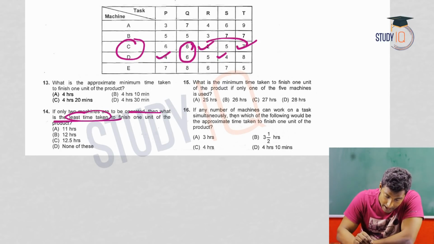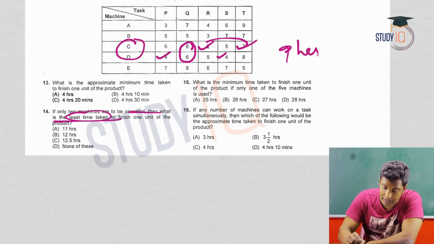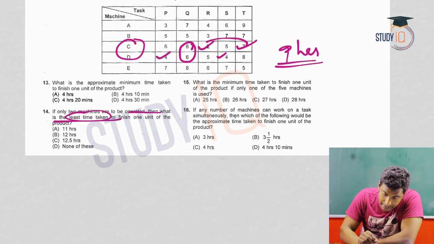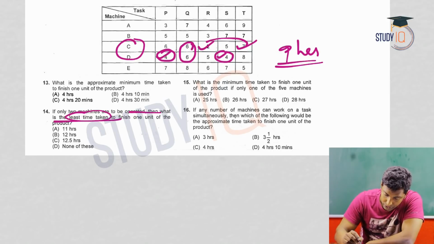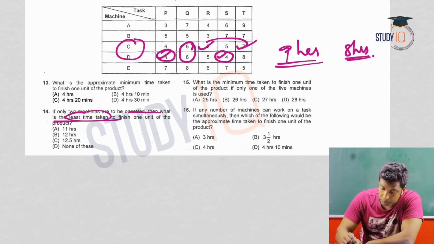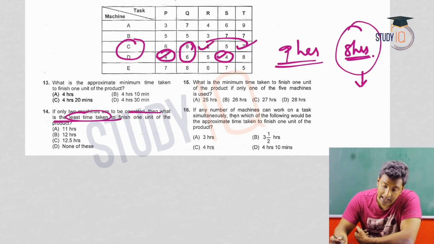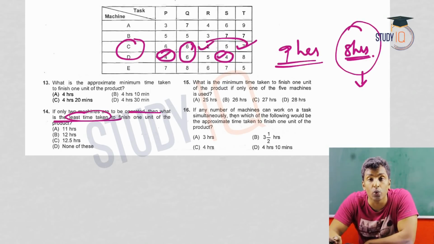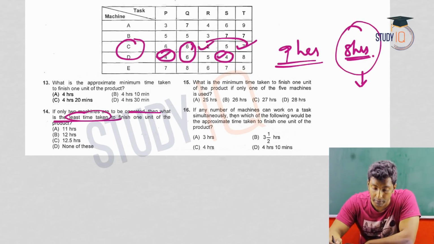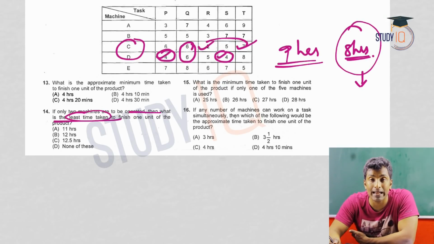T and R will be done by C, so 9 hours anyway it will take. During that time, in 8 hours P and S will be completed. Once D completes this, D will start performing Q, and we know D will complete 16.6 in 1 hour.